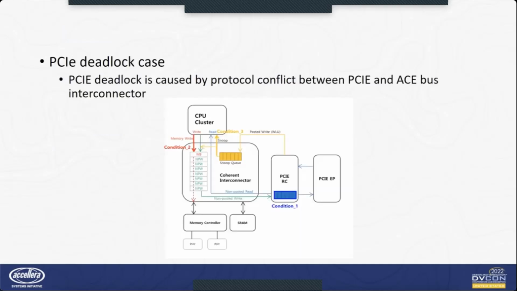As shown in the figure, PCI deadlock occurs due to conflict between ACE protocol and PCI interface protocol when condition 1, condition 2, and condition 3 occurred at the same time. Of course, please note that recent coherent bus interconnectors are designed so that such protocol conflicts do not occur.